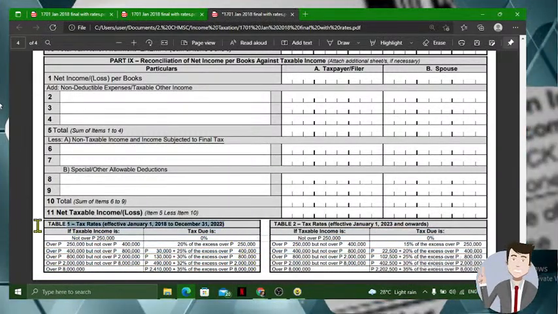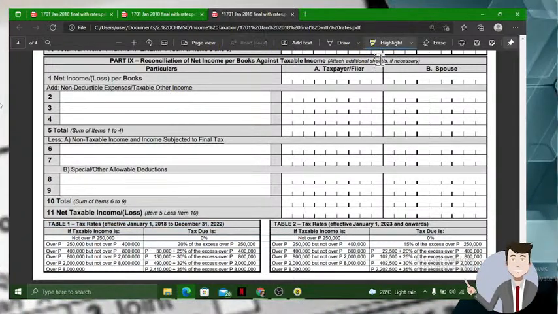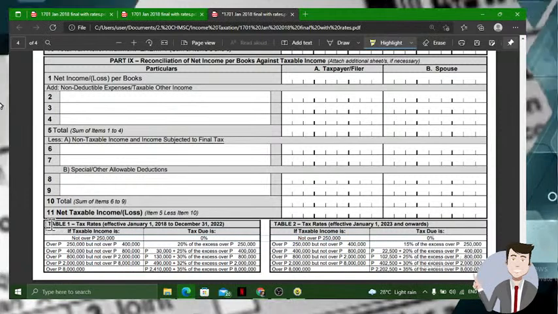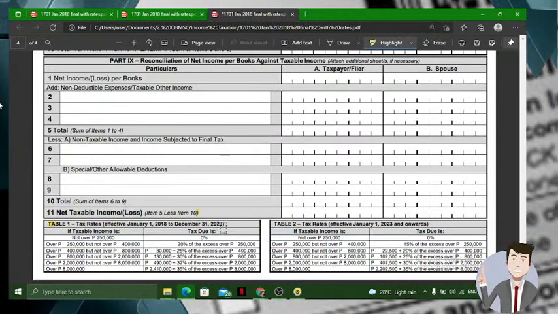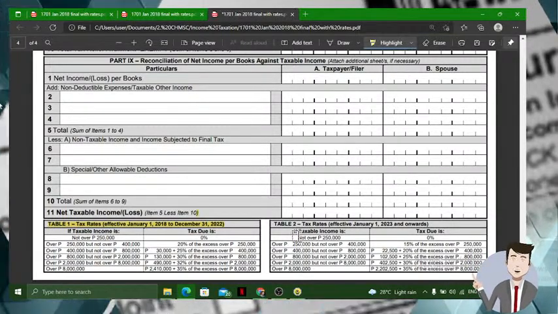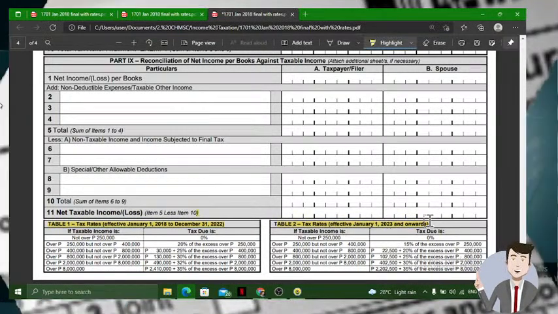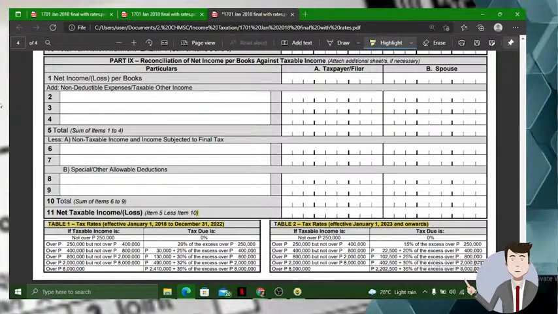Okay? But subsequently, after we reach taxable year 2023 and onward, these will be the tax rates that are applicable.